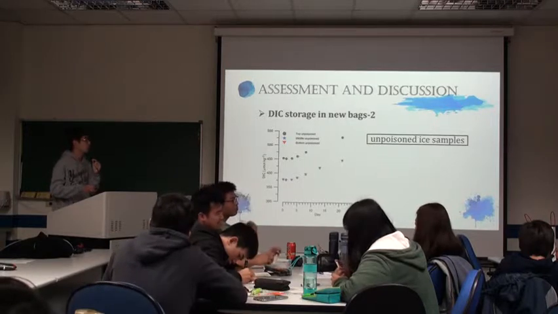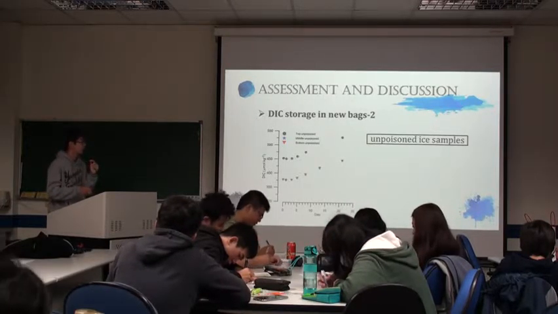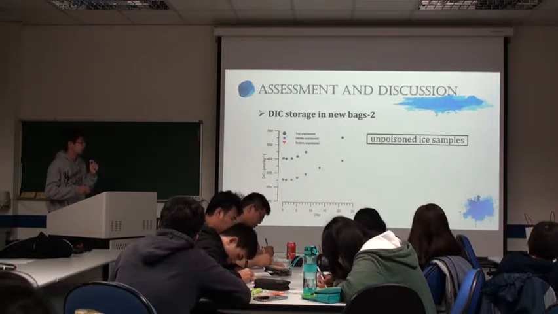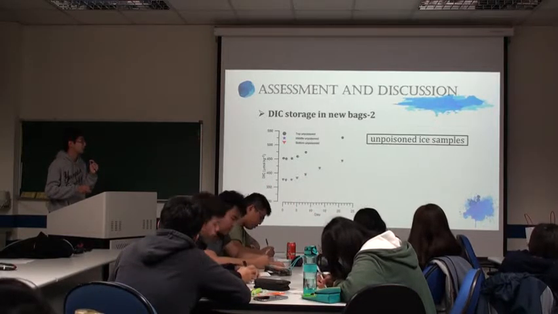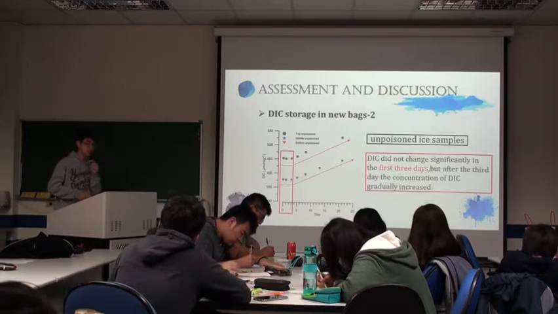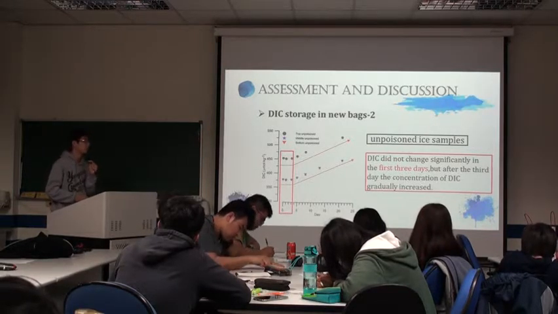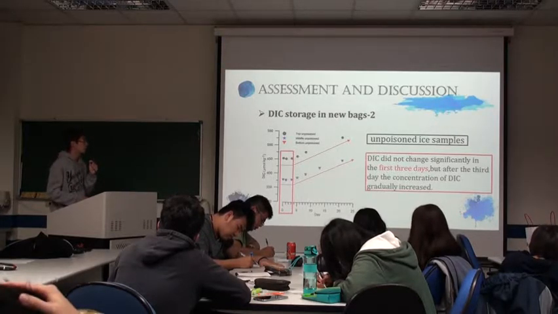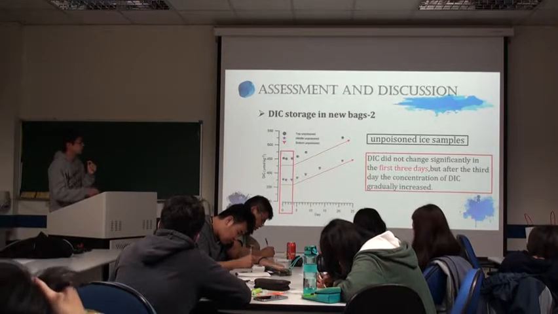This is an unpoisoned ice sample, and the x-axis is day, the y-axis is the concentration of DIC. And we can find that DIC did not change significantly in the first 3 days. But after the 3rd day, the concentration of DIC gradually increased.